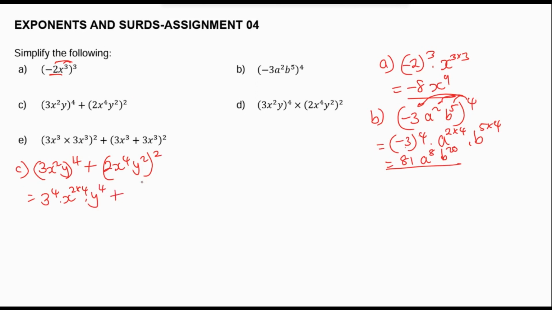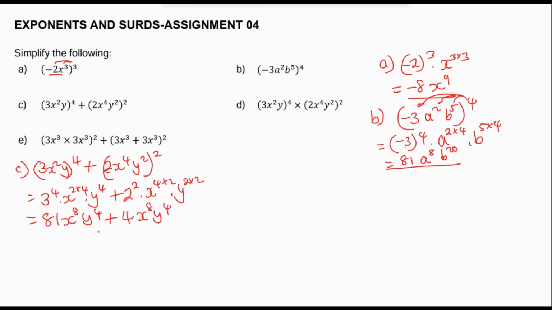Then plus, take note it's plus there, so here we raise 2 to the power of 2, then x to the power 4 times 2, then y to the power 2 times 2. Right, and then what you get, 81, then x to the power of 8, y to the power of 4, plus 4, then x to the power of 8, y to the power of 4.